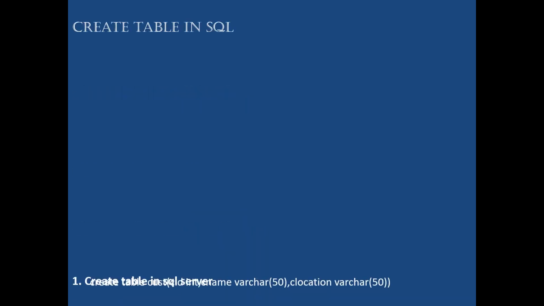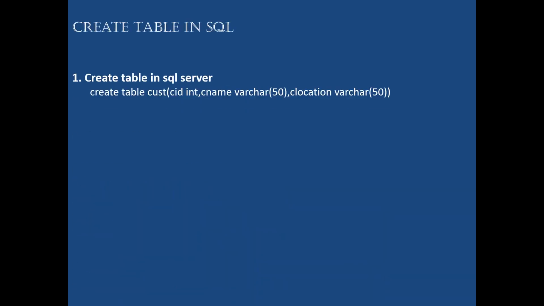Okay. Next up, create a table in SQL Server. How to create a table in SQL Server? Create table name, column name, data type, column name, data type, column name, data type. We already discussed: int means if you want to store numbers, and if you want to store any string text, it's a varchar. How many characters do you want to store?